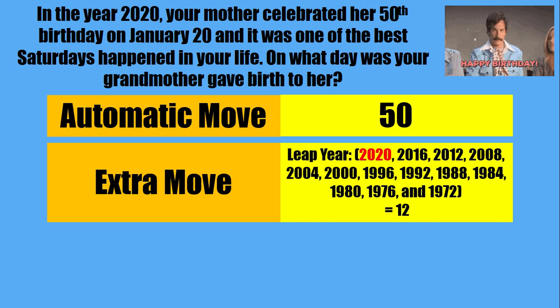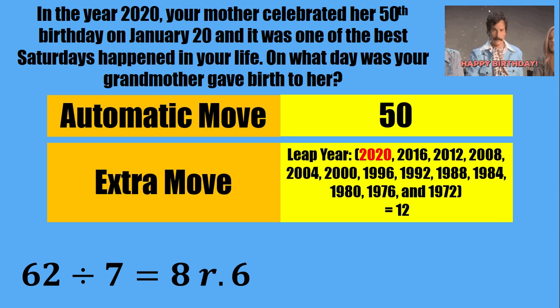Now, let's add that 50 automatic moves plus 12 extra moves, the total of 62. So let's apply the modular arithmetic. 62 divided by 7. The answer to this is 8 remainder 6. Since we are only after the remainder, which is 6, let's just move 6 days from Saturday, going back.